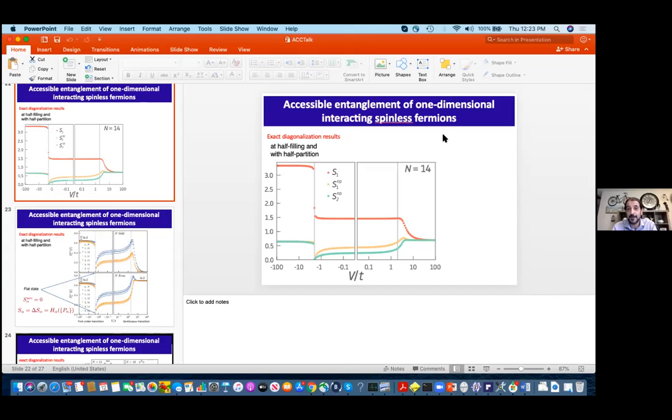So, of course, there are a lot of questions about what happens in other systems. And also, this first order phase transition, the vanishing of this accessible entanglement, is it a feature of the first order phase transition, or just a coincidence because this is an integrable model with infinite symmetries in it? Or could we look at a non-integrable system and see something similar?